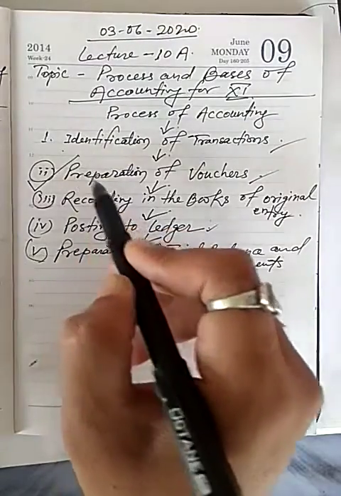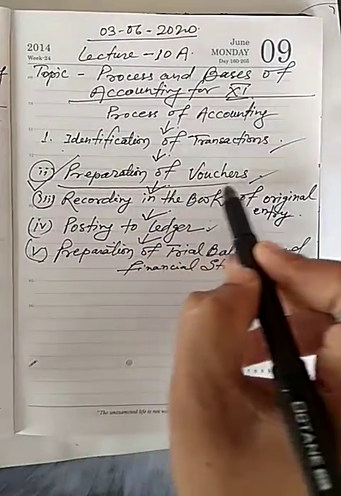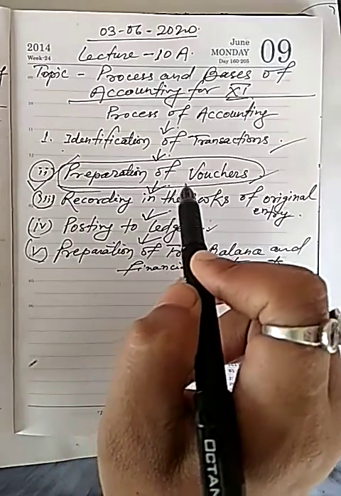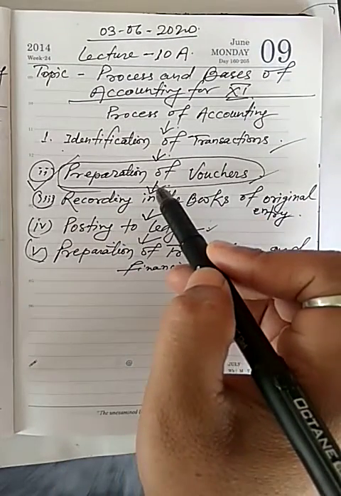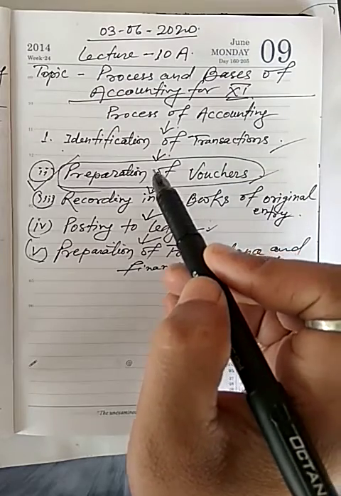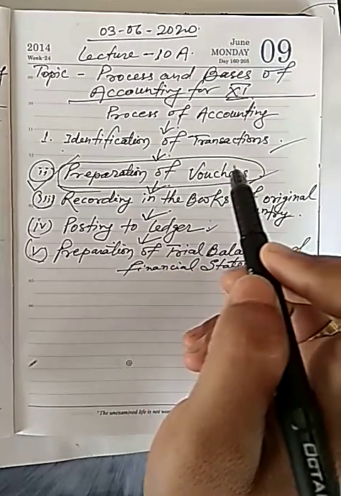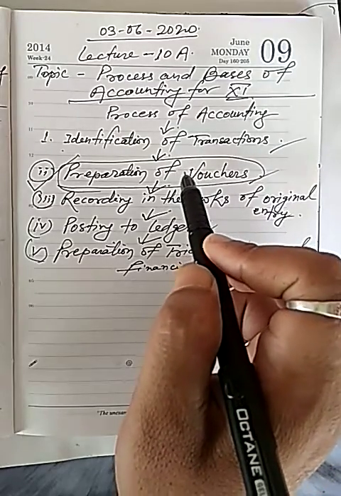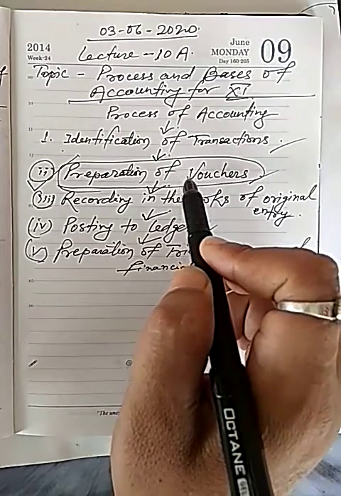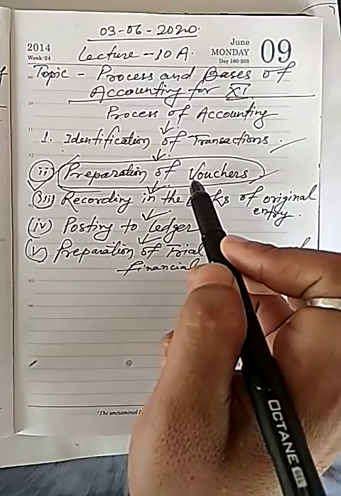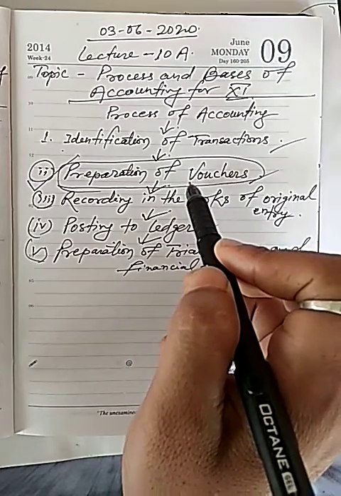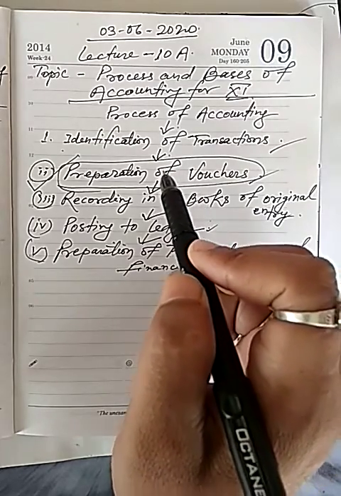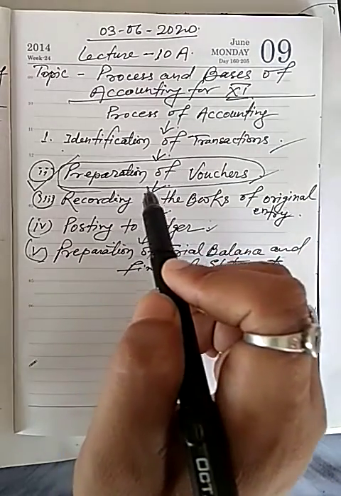Now, second is preparation of voucher. On the basis of source document, entries are first of all recorded on vouchers, and then on the basis of vouchers, recording is made in the journal or books of original entry.